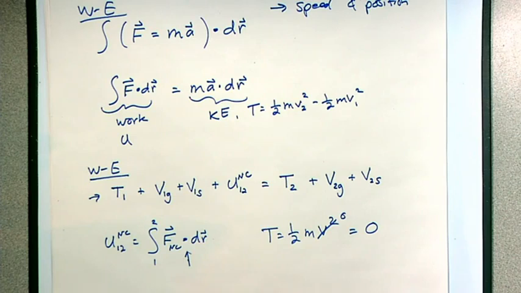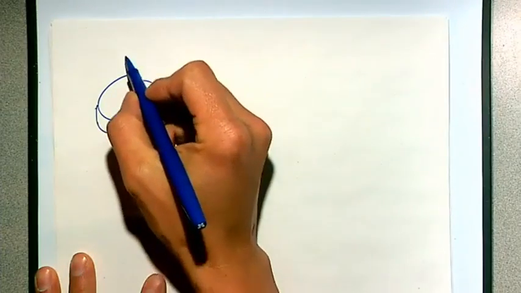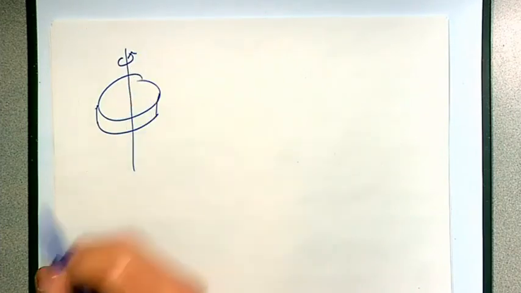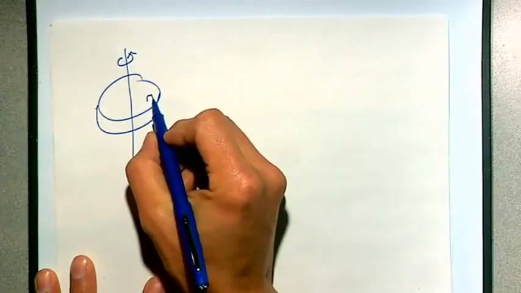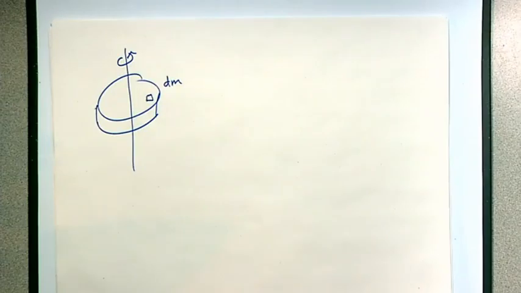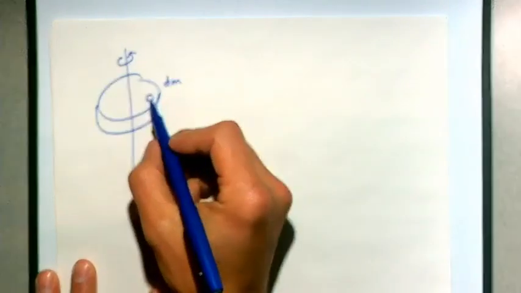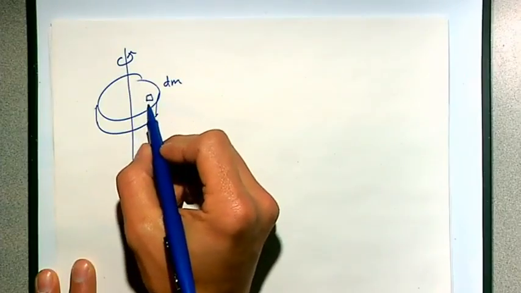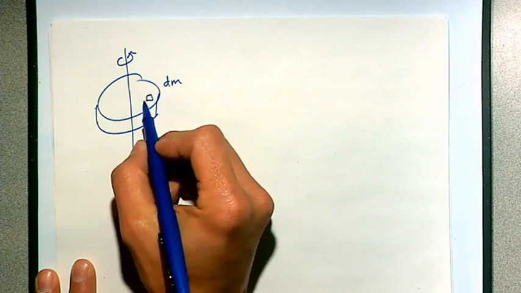So, the way we're going to think of this is that for this pie plate or disk or whatever's rotating, we'll look at each little incremental mass, dm. And we can think that this energy is going to be the sum of the motion of all of these little masses, all their little velocities.